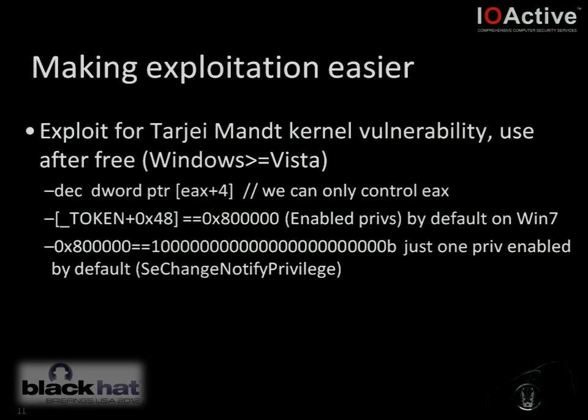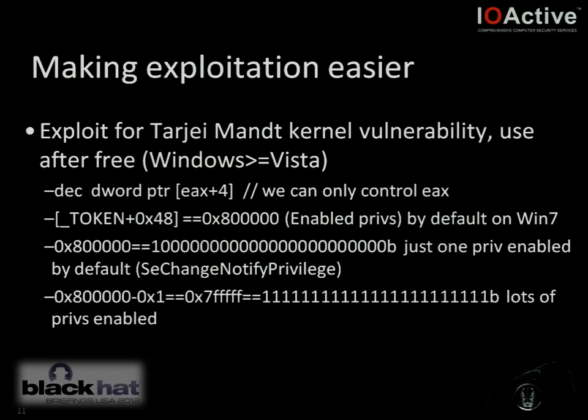Because I know that address in the kernel, when trying to exploit this vulnerability, if I subtract 1 from that, I end up with 7FFFF. If I translate that to binary, I end up with 11111, which means loads of privileges enabled, because if you remember, the field of that structure is a bit mask.